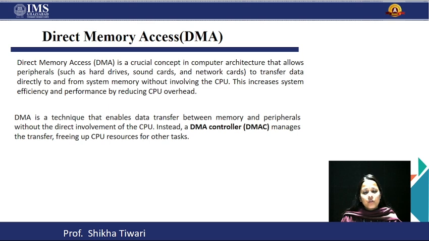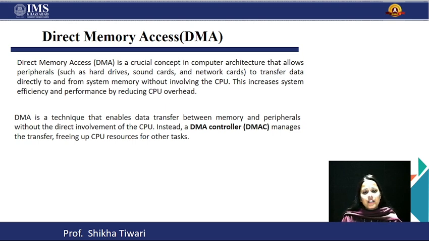It allows all the peripherals to transfer data from and to the memory without the involvement of the CPU. Why do we use DMA in computer architecture? Because we want to reduce the overheads of the CPU. If the CPU is unnecessarily busy in input-output device and memory data transfer, then the controller will be given access to the buses and the data will be transferred.